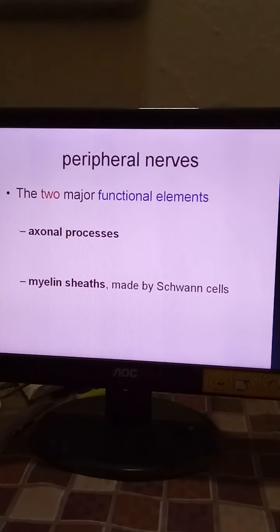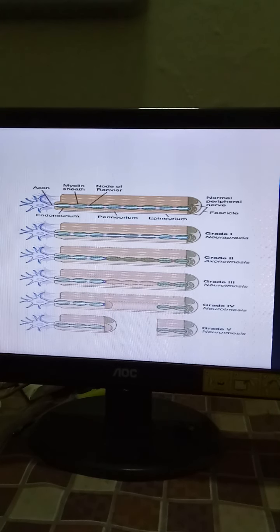In the peripheral nerve, the two major functional elements can be identified: axonal processes and the myelin sheaths. Schwann cells, they secrete myelin sheaths which surround the axonal process. If you look at this diagram, we can see a typical neuron and you can note the different nodes.